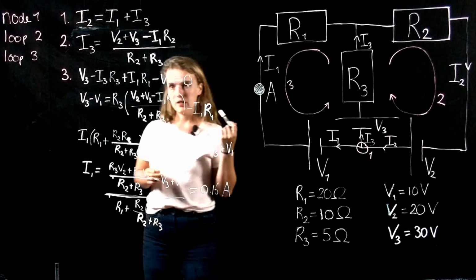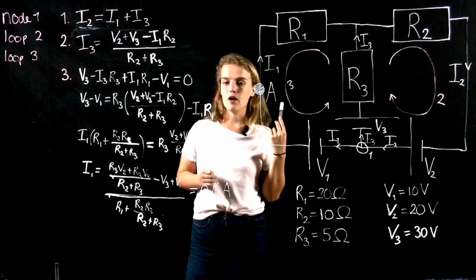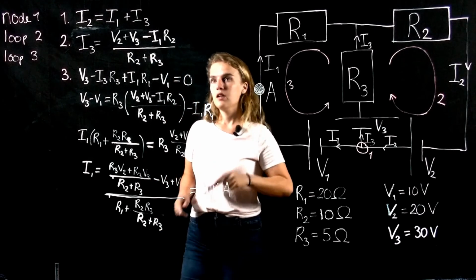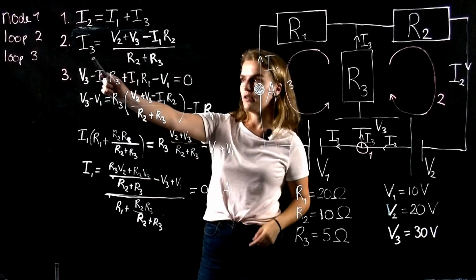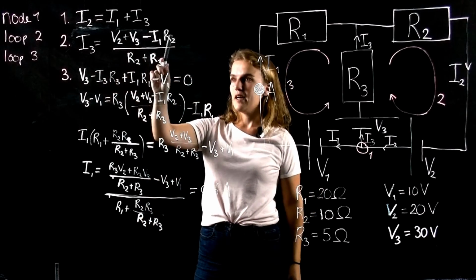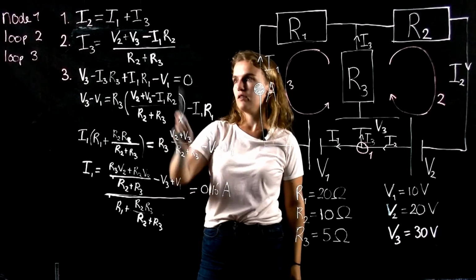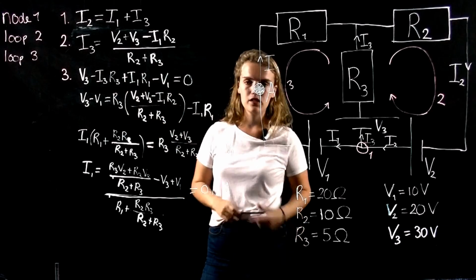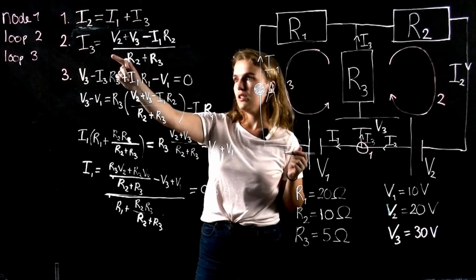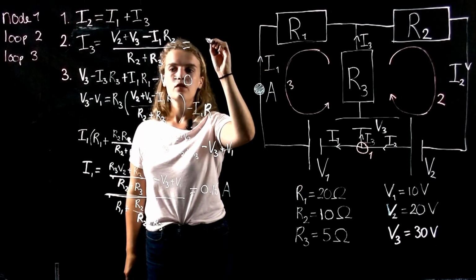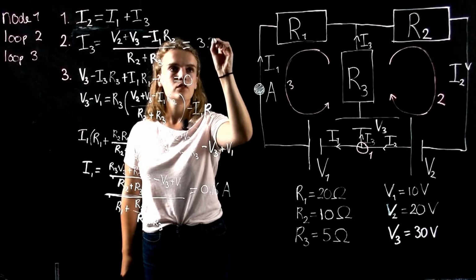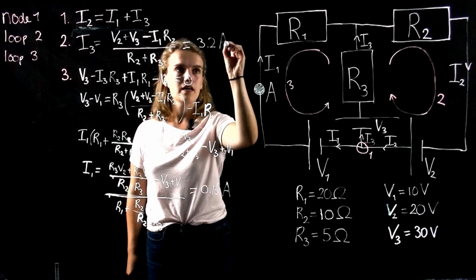Next up, we still need I3 and I2. And as you can see, here we already have the function for I3, and we now also have I1. We found I1. We have all the voltages and the resistances. So here we can see that I3 is equal to 3.2 amps.